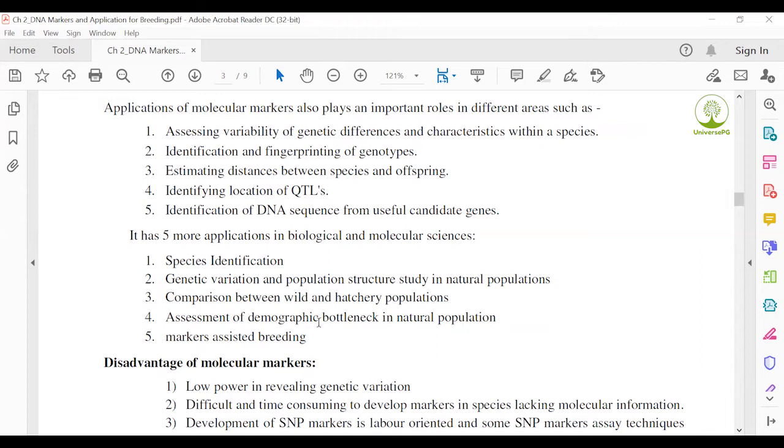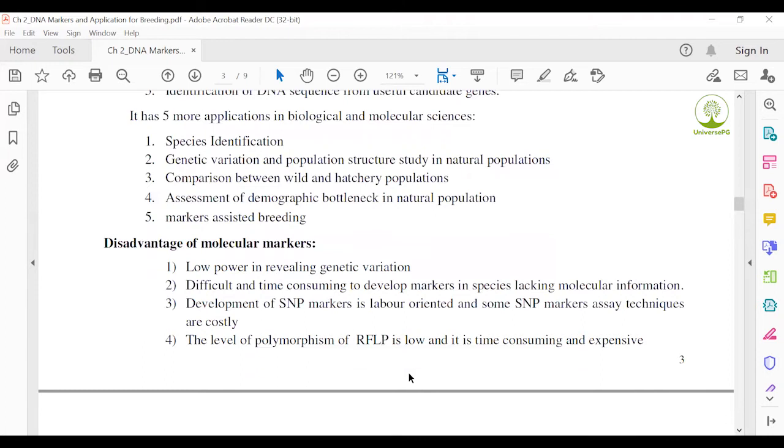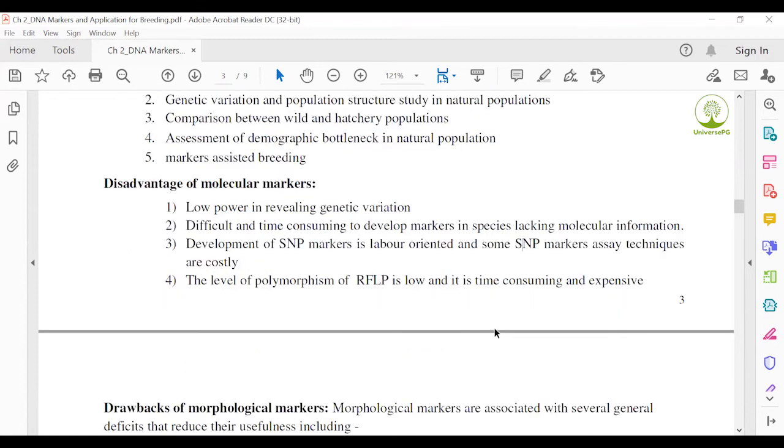Next, some disadvantages are also found in DNA markers in crop improvement: low power in revealing genetic variation, difficult and time consuming to develop markers in species lacking molecular information, development of SNP markers is labor oriented, and some SNP, single nucleotide polymorphism marker techniques are closely related. The level of polymorphism of RFLP is low.